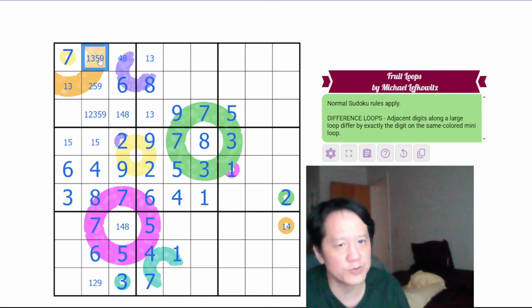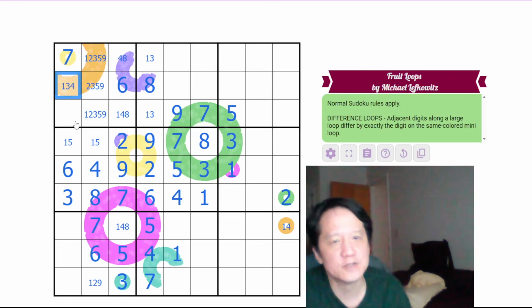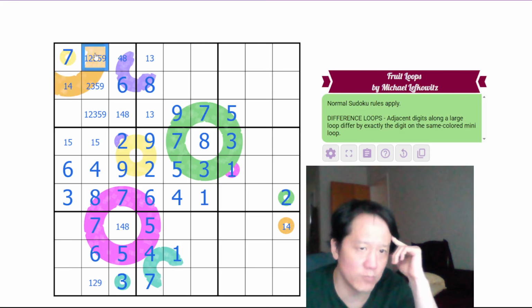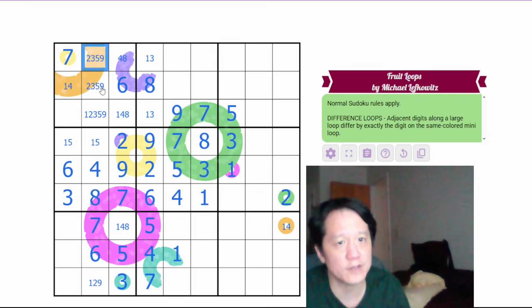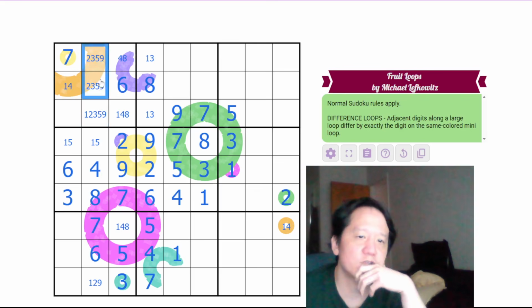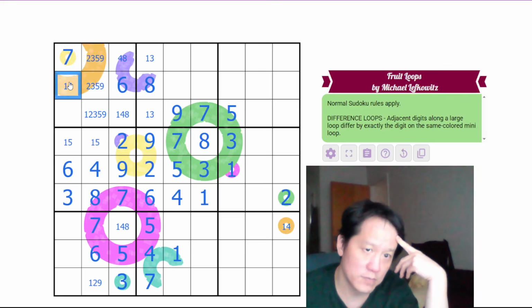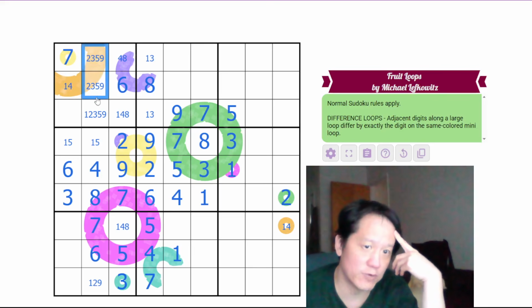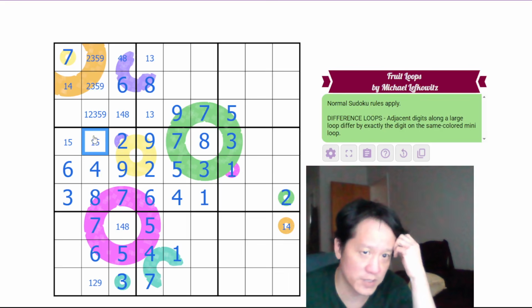Or it could be 2, 3, 4, if this is 2 and that's 3 and this is 4. So this can't be 3. So it cannot be 1, 2, 3 there. So it's either 5, 9, and that's 1. Because it can't be 1, 5, because that would eliminate all possibilities for that cell.